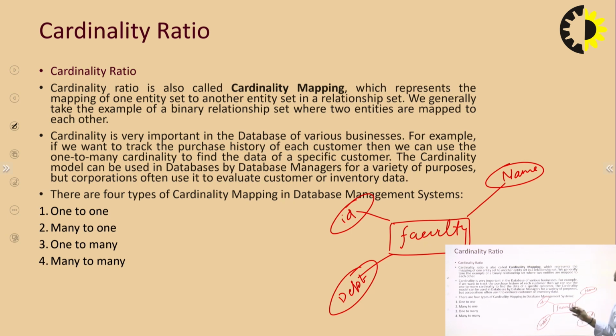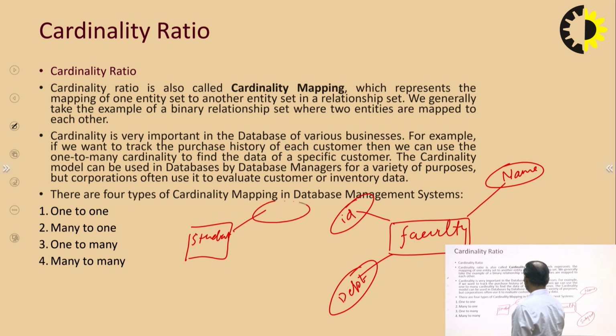We can easily draw the ER diagram of faculty. Now if we connect the student diagram, here is the student, and we have a particular roll number of the student.